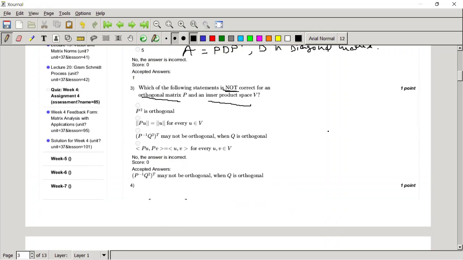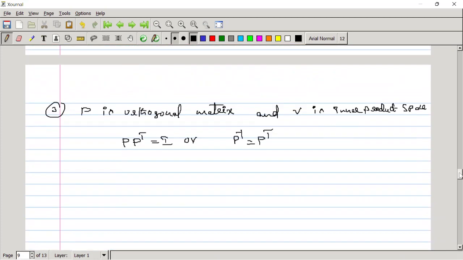So the first option here is P square is orthogonal. We have to check whether P square is orthogonal or not. That means we have to check that P square times P square whole transpose equals identity or not. We have that A power n whole transpose is nothing but A transpose whole power n, so I'm just replacing the power on the transpose here.